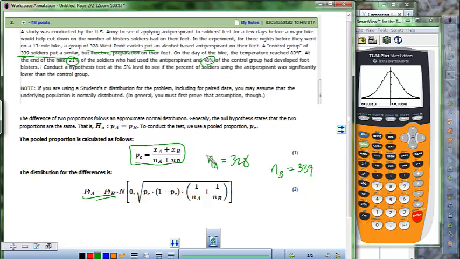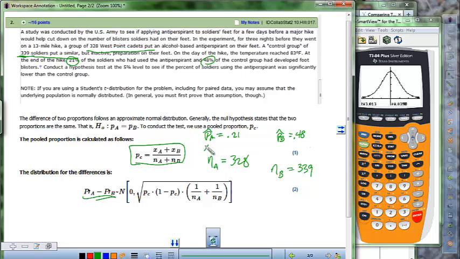So in this particular case, they don't give us X, but they give us a P. So for the first sample, PA hat is equal to 21%, and PB hat is 48%.